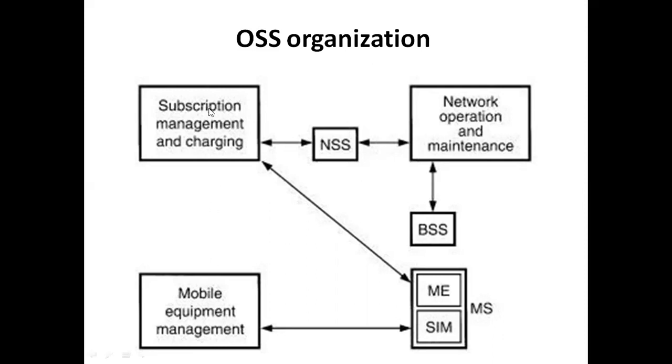So these three functions come under the OSS: first, network operation and maintenance; next, subscription management and charging; and mobile equipment management. Mobile equipment management means we have the MS, and the subpart of the MS is the ME. This is managed by the OSS.